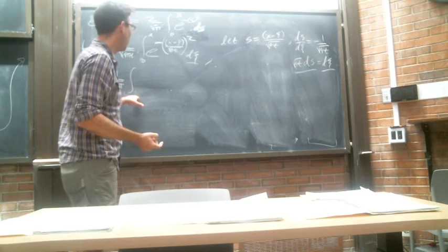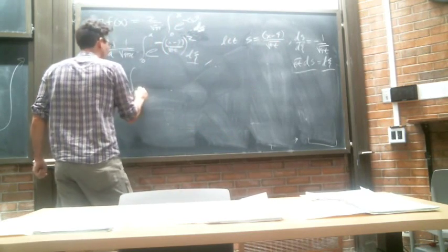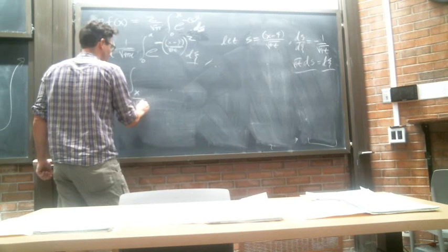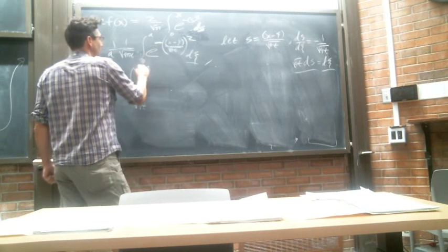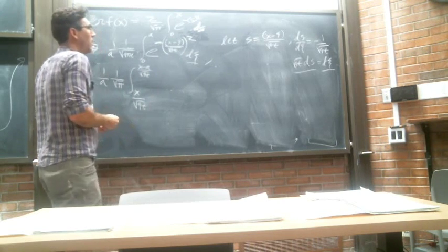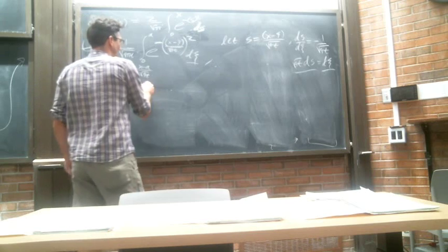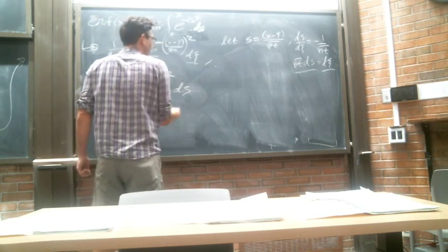Now I need to plug in 0, right? So I plug in 0 for c and I get, and then I plug in a, I get x minus a for c, right? And now I have an e to the negative s squared ds, right?